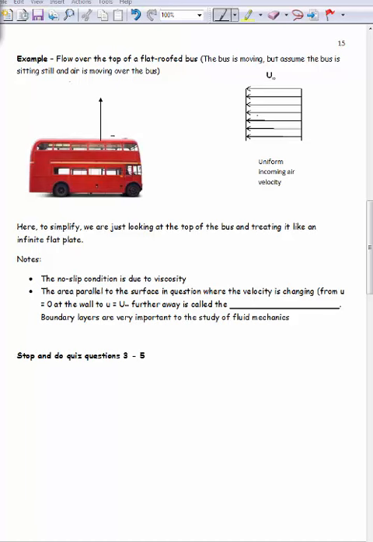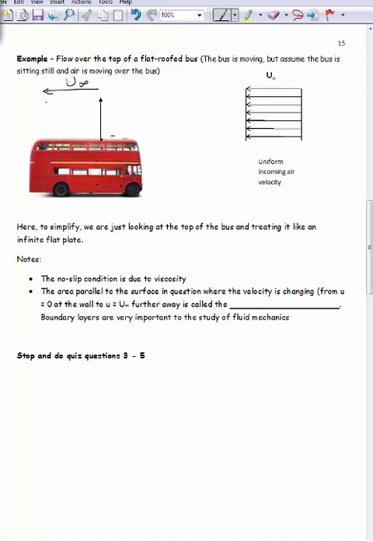But as we get to the surface of the bus here, so as that air flows over the bus, when it hits the bus, right here at the bus's surface, the velocity is going to have to be 0 if it's just a still bus and the air is moving over it, right? The velocity at the bus has to be the same as the bus itself. Okay, out here further, away from the bus, it's eventually going to be back to that u infinity.